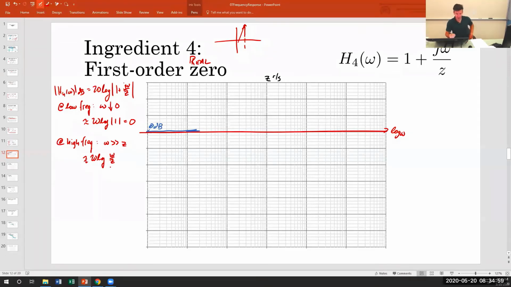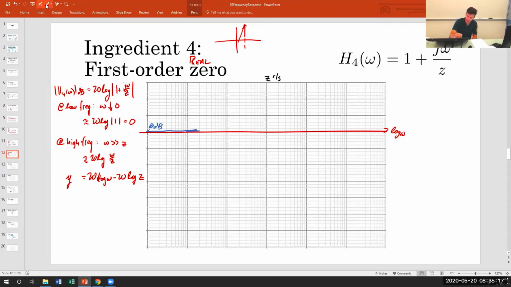Okay, so hey, look, we've got the log of a quotient, which is then the difference of logs. So this is 20 log omega minus 20 log of z. And here's the cool thing. This is the y equals mx plus b story again.